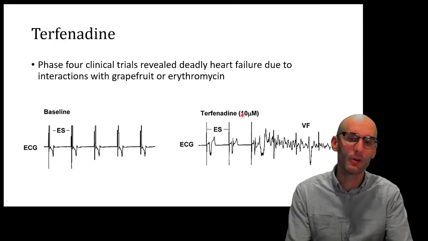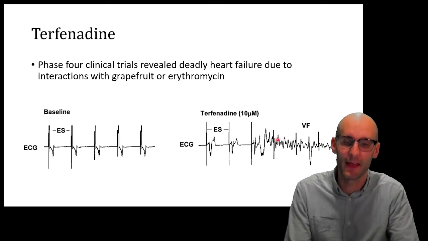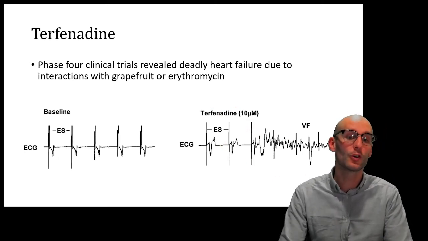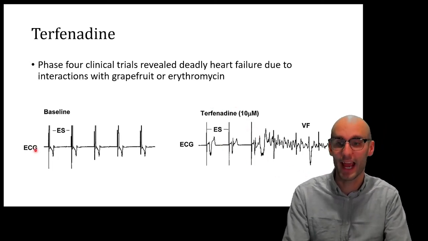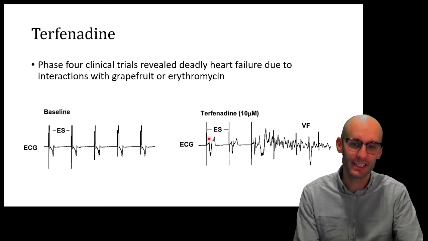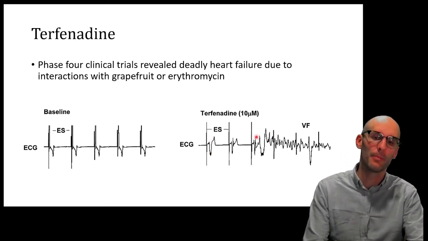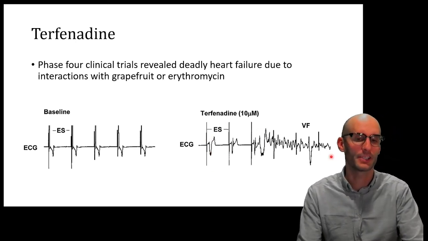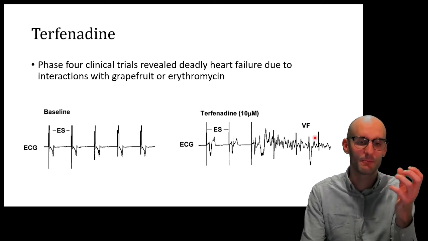And what we found was at a certain concentration of that drug in our blood, it can cause your heart to sort of give out. So here is a normal heartbeat, boom, boom, boom, boom, boom, boom. That looks fantastic. Here it is on terfenadine, boom, boom, boom, boom, boom, boom, ventricular fibrillation, right? So an absolute failure, a spasm of the heart.